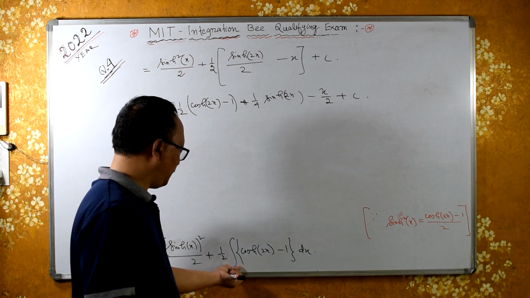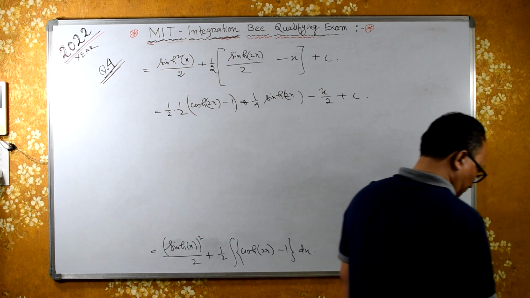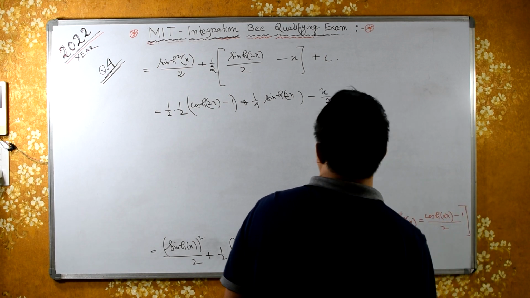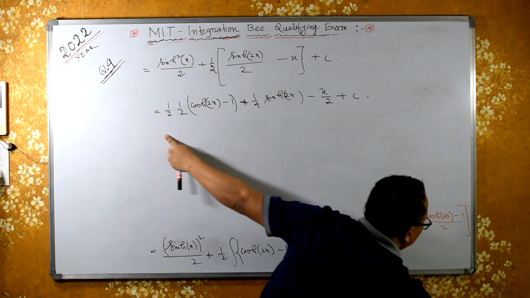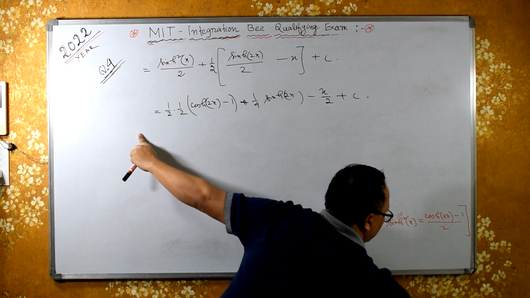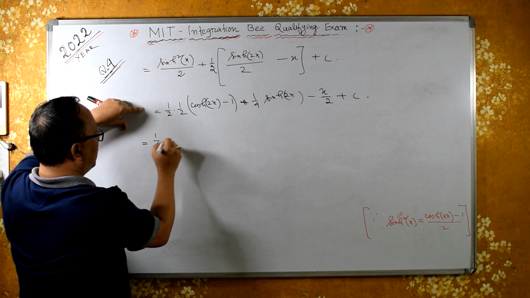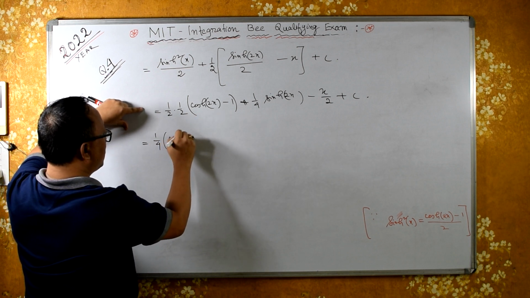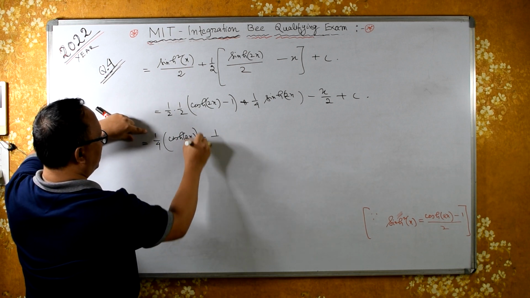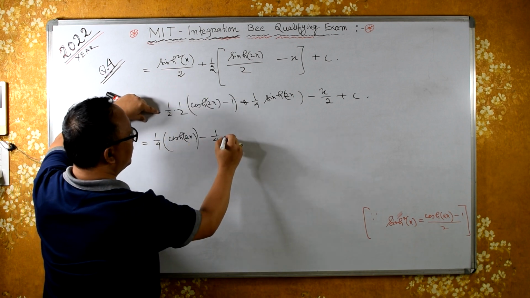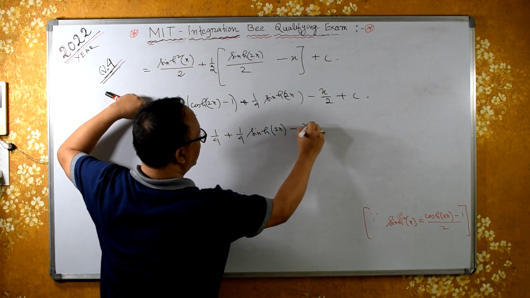Now let's make it linear. This is the same as 1 by 4 cosh 2x minus 1 by 4, plus 1 by 4 sinh 2x, minus x by 2, plus c.